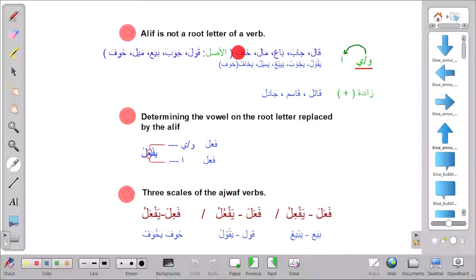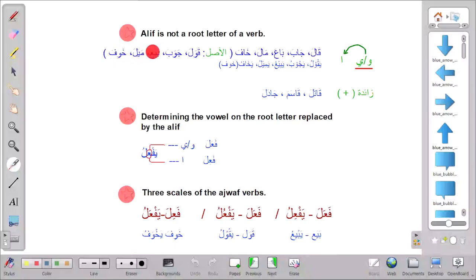So why didn't I say khawafa? All these ones I say qala, kawala, jawaba, baya'a, mayala. But here you can see it is khawifa, not khawafa. We'll look at it in the second point: why some have kesra and some have fatha, I mean the middle letter that was replaced.